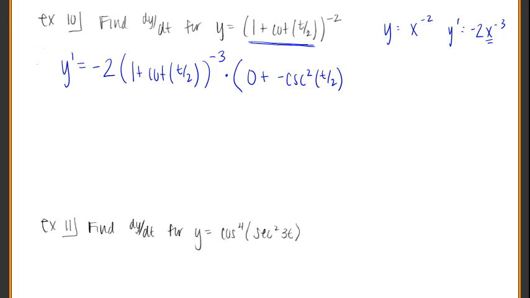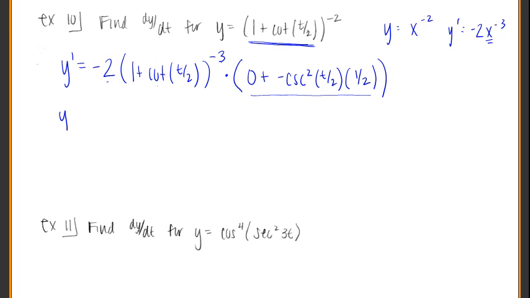But because my angle has a variable in it, I've got to multiply by the derivative of that angle, which is going to be 1/2. Okay, so drop my power down front, subtract 1 from the exponent, and then the rest of this is taking the derivative of that base. The derivative of cotangent being negative cosecant squared times the angle, and because that angle has a variable in it, then times the derivative of that angle.